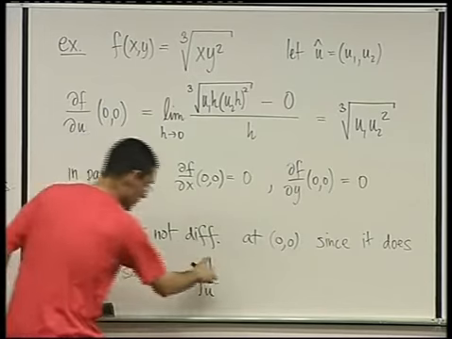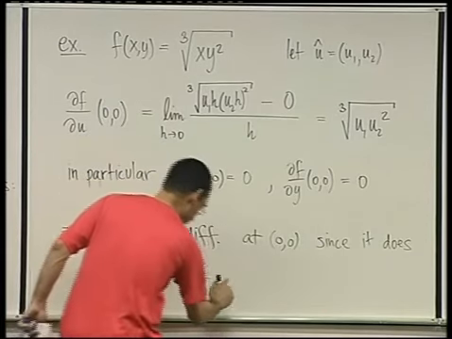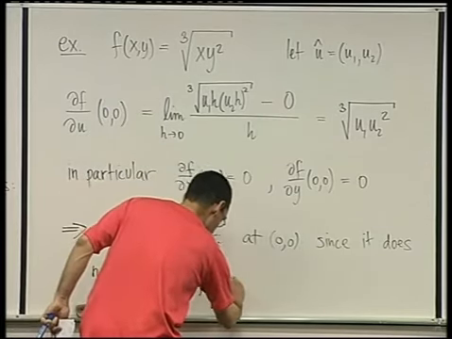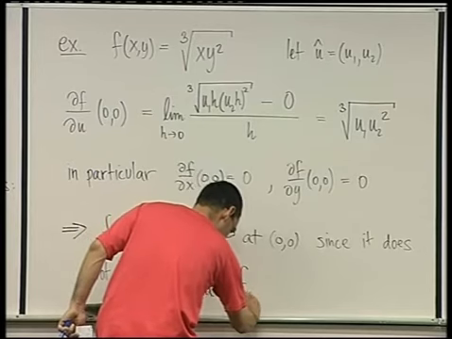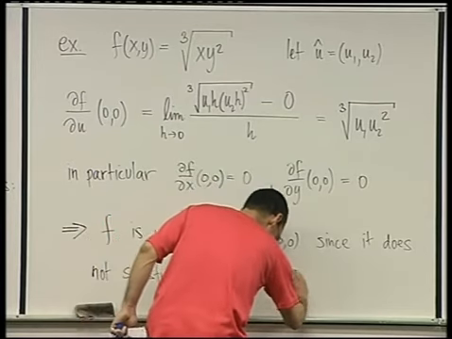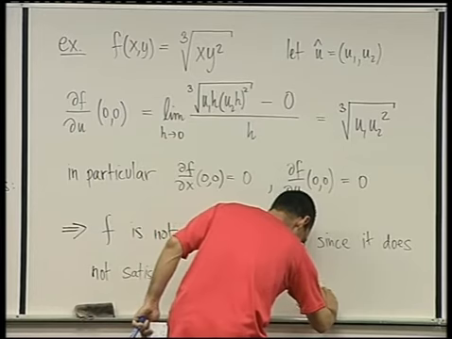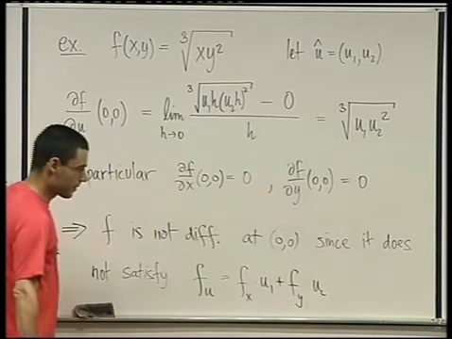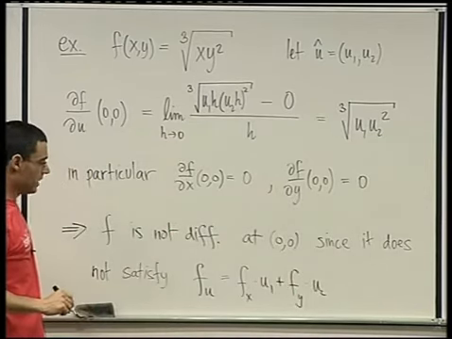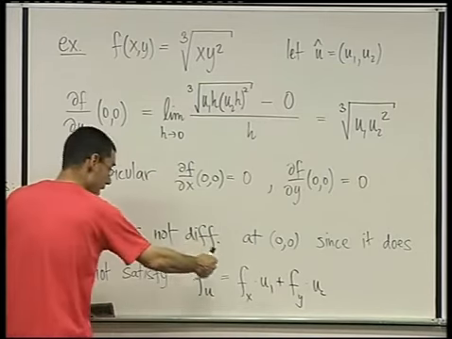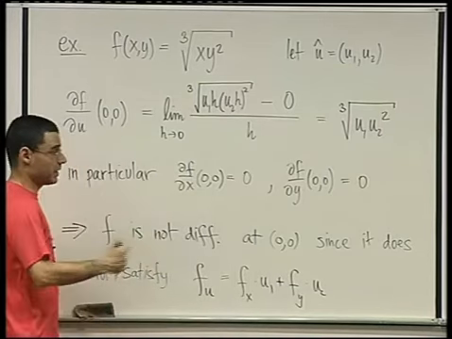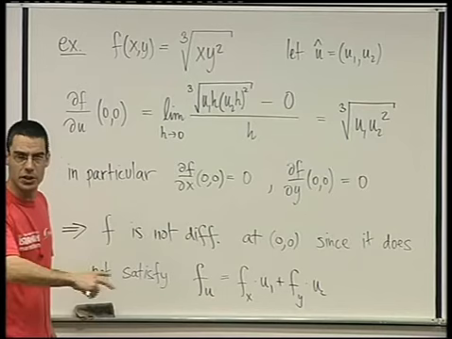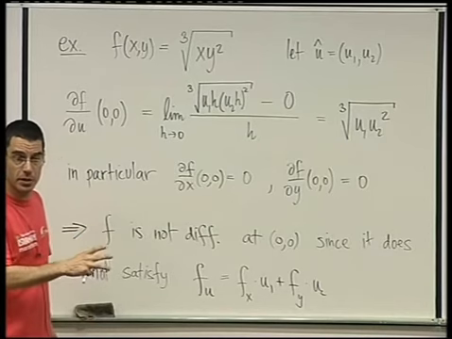Okay? So it doesn't satisfy f_u equals f_x times u1 plus f_y times u2, which is the result of that theorem. So if it were differentiable, it would have to satisfy this, and it doesn't. Do you agree? Is the logic here clear? There's a logical argument here.